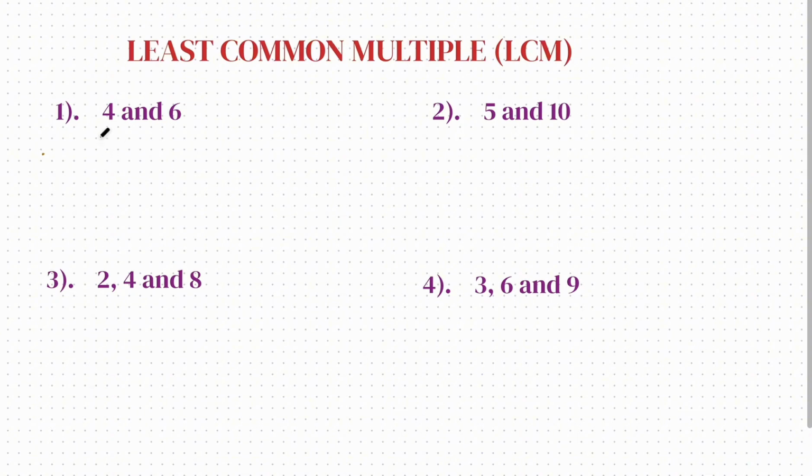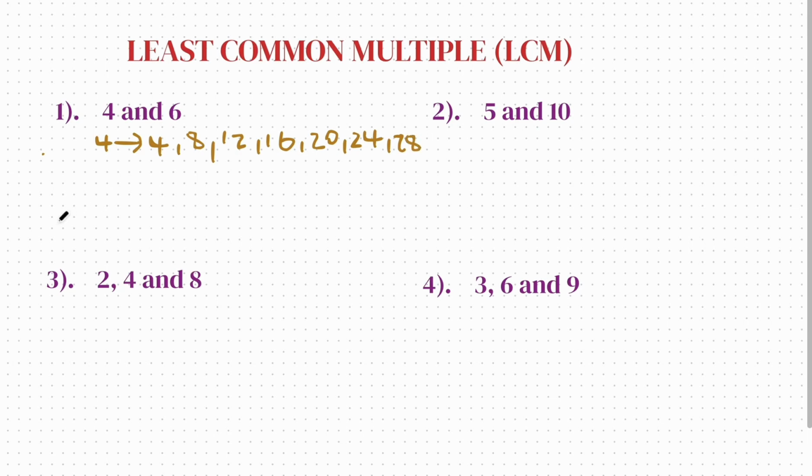So the multiples of 4 would be 4, 8, 12, 16, 20, 24, 28, and I'm going to stop at 28.